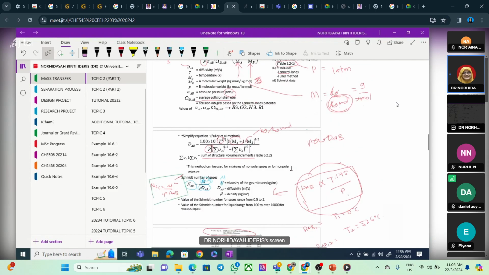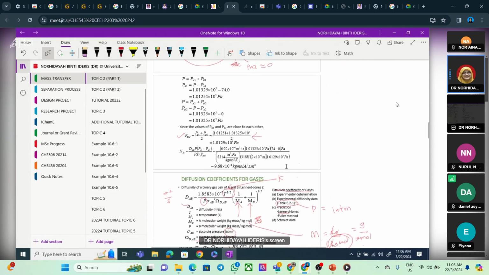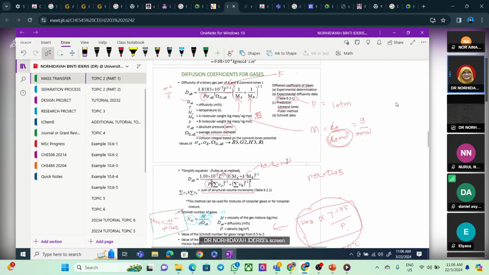Okay, a little more. The last topic for the diffusion coefficient for gases is on how to determine and calculate it by using the equation. You all know that when we would like to calculate the value of NA and GA, both equations have the value DAB.